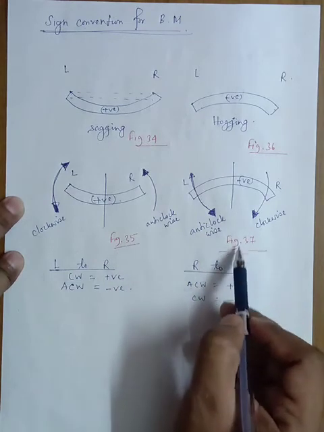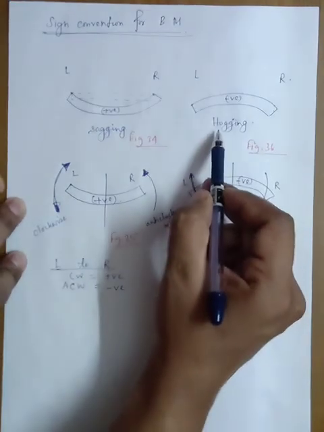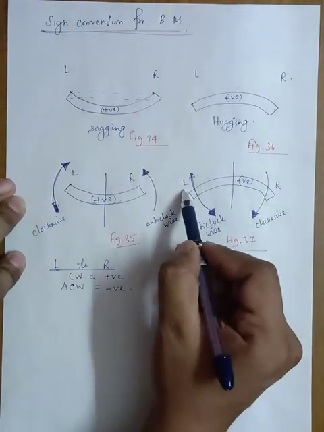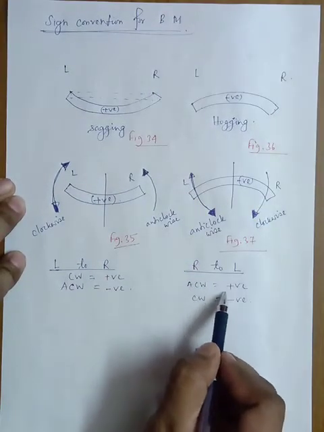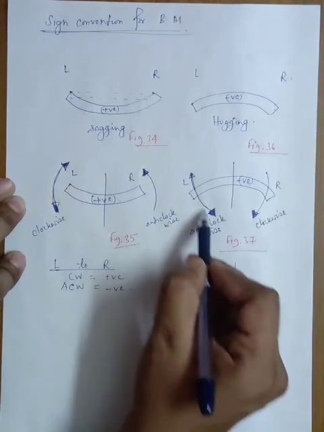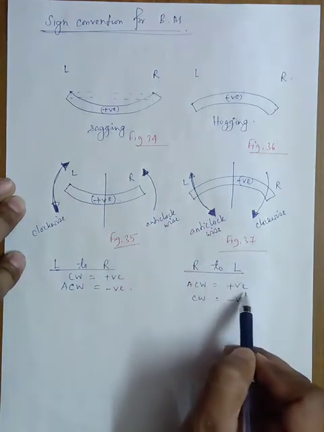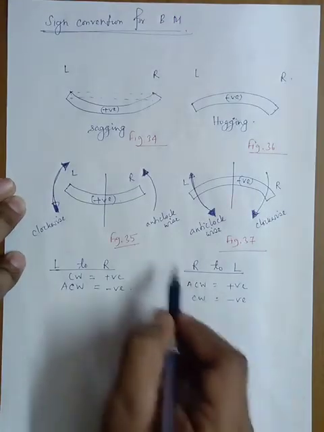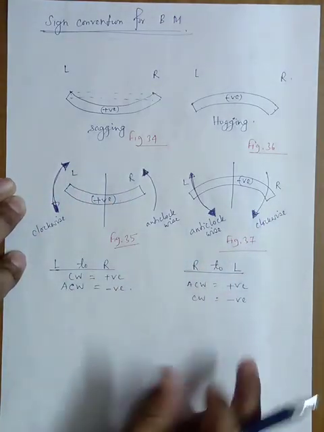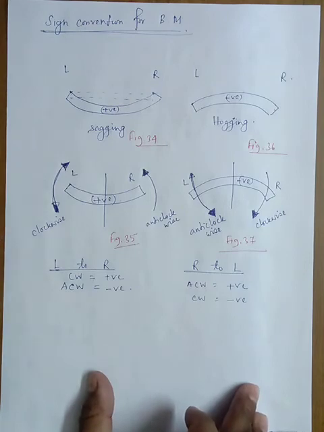And by this figure 37, in the case of hogging, from left to right hand side, if you move, then all the anti-clockwise moments will be positive moments and all the clockwise moments will be the negative moments. That is the reverse of this sign convention.